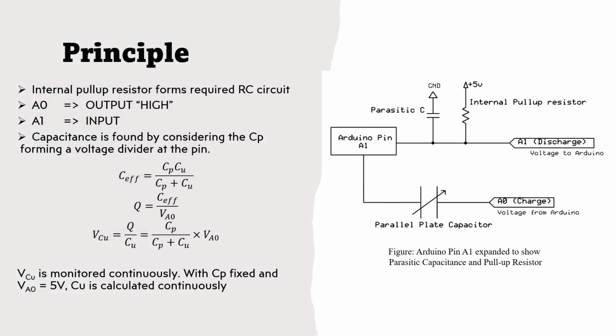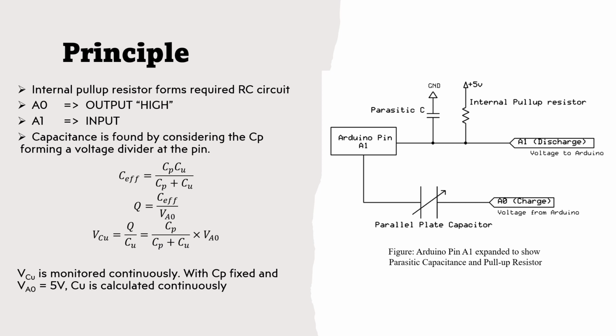For the principle, we have the Arduino pin, and it is not perfect, so you can consider it to have a parasitic capacitance that's grounded, and an internal pull-up resistor, as all pins on the Arduino have, that's connected to 5 volts.